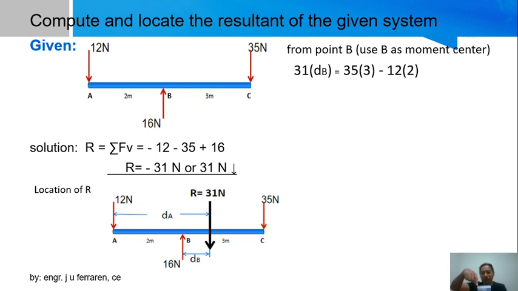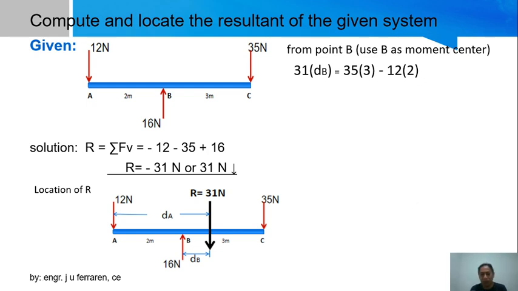When the force is applied, it has the same rotation as the resultant, producing a clockwise rotation on the body. That is why 35 times 3 has the same sign as this one, because both produce a clockwise rotation.